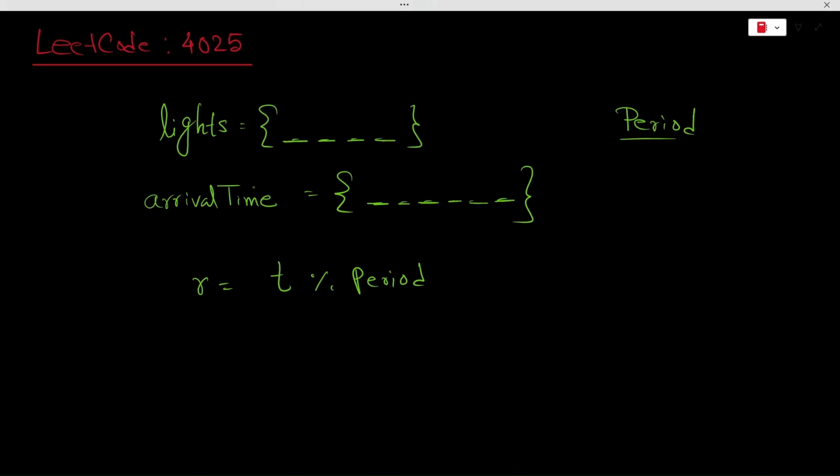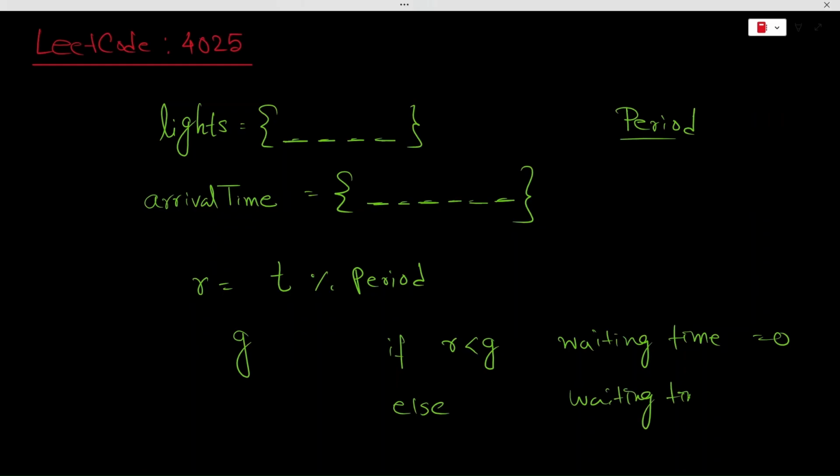Now if we assign this car to a light which has the green duration of g, then if r is lesser than g, the waiting time of this car is 0. Else, the waiting time of this car will be period minus r.